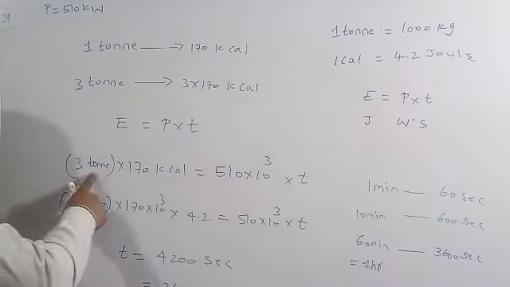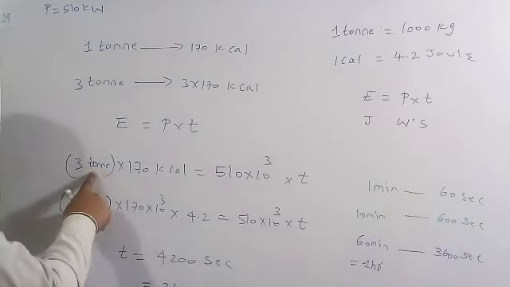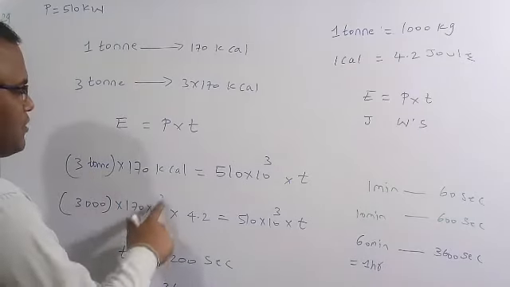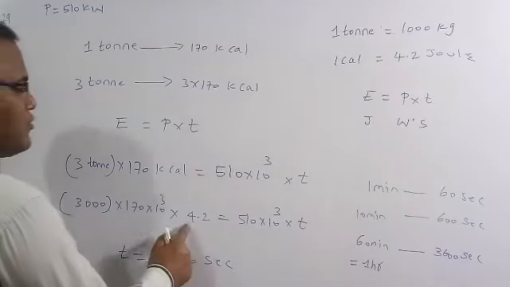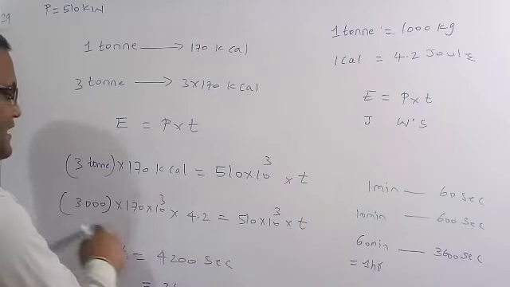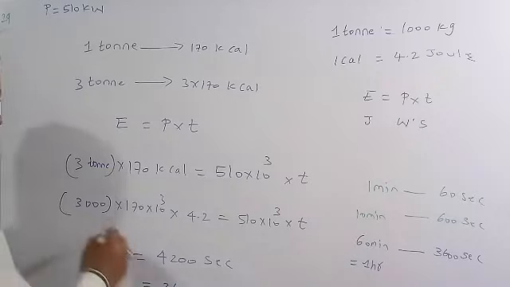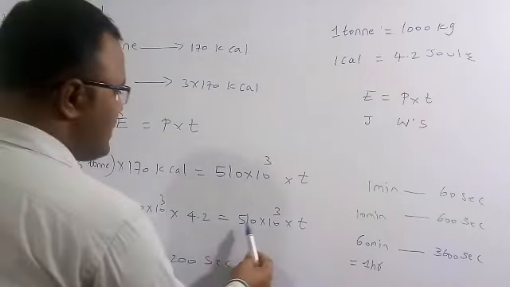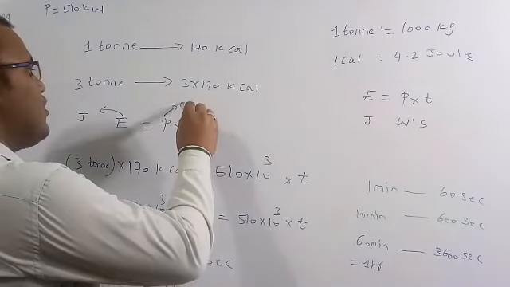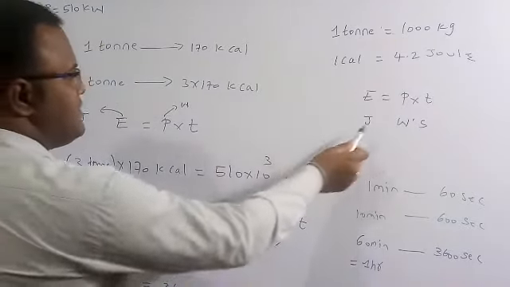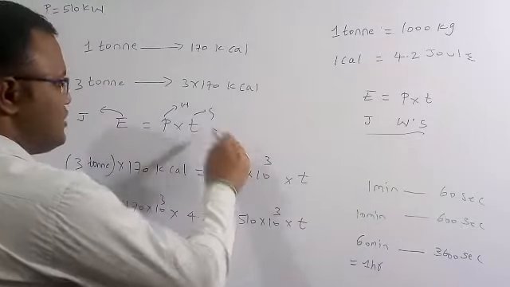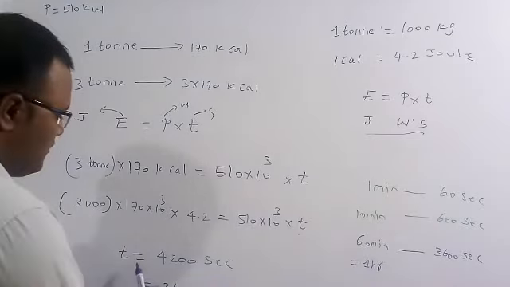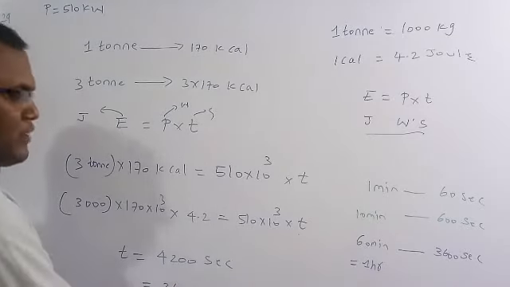Now we need to convert 3 tons to kg. 1 ton is equal to 1000, so 3000 kg into 170 into kilo, meaning 10 to the power of 3, into 4.2 joules per calorie. So this total energy is now in joules, and the power is 510 into 10 to the power of 3, so it is in watts. By that relation, time will be in seconds. So this is t, an equation with only one unknown. After solving this we get time equal to 4200 seconds.